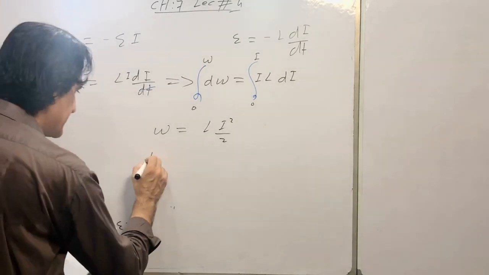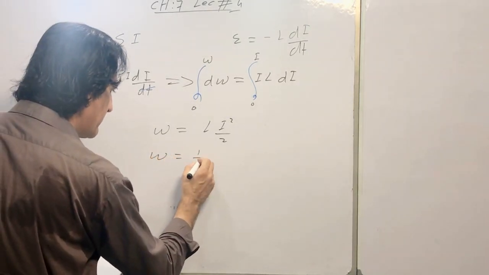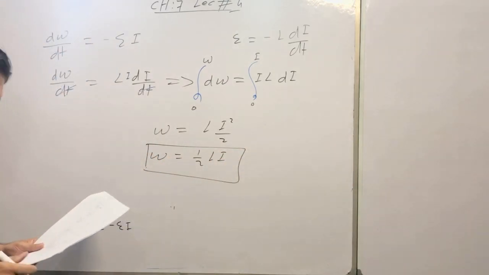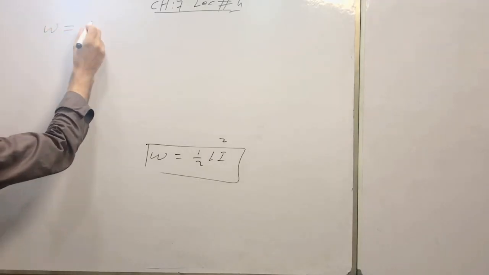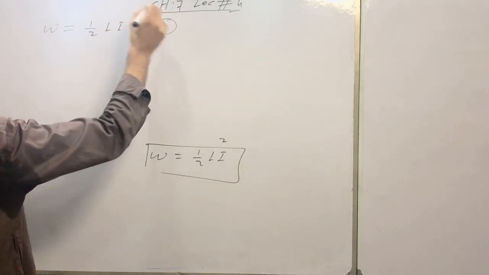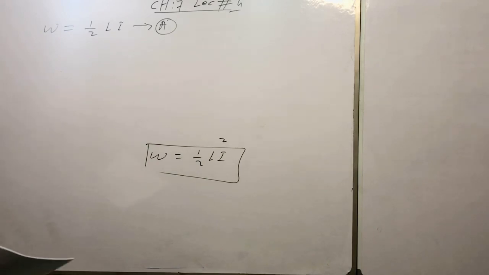It means that W is equal to 1/2 L I squared. This W that I have calculated here, let's consider this as equation A.